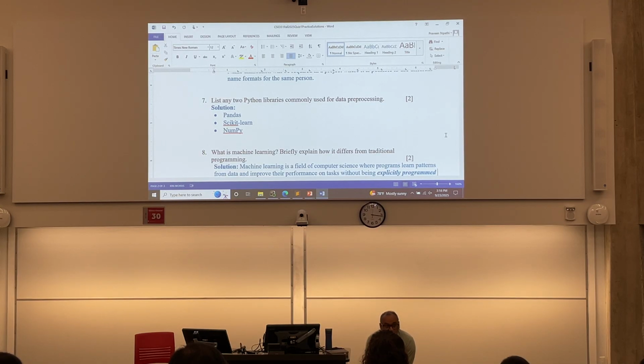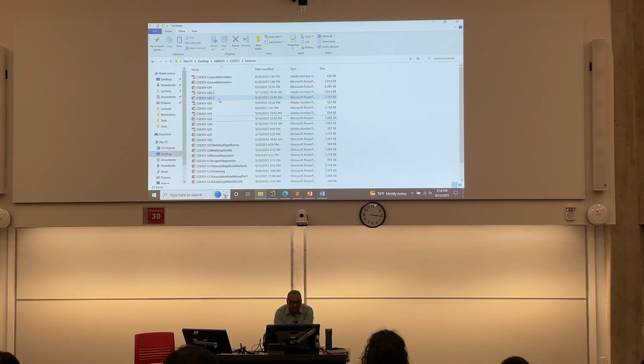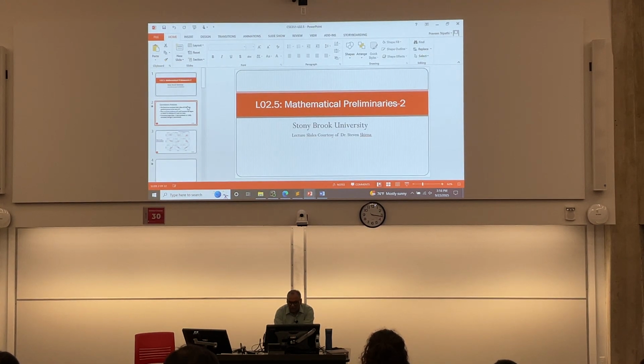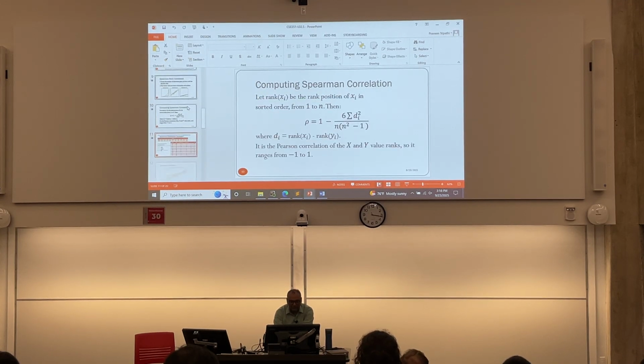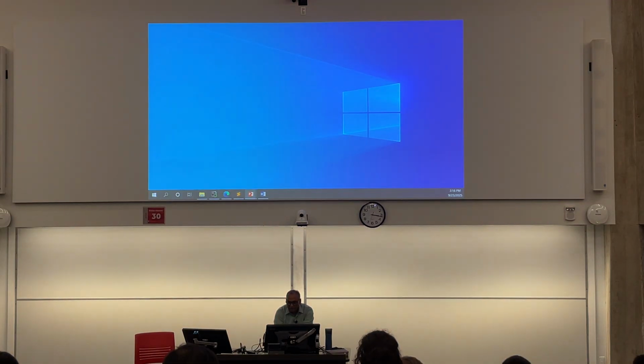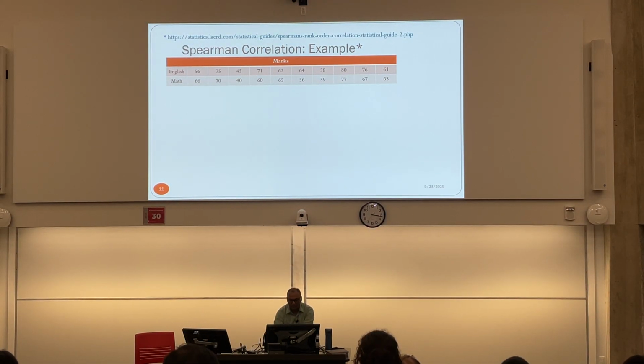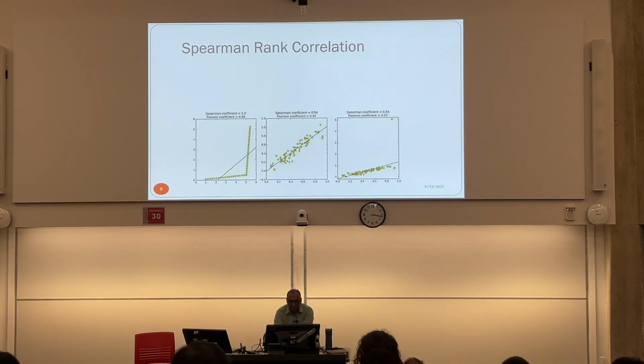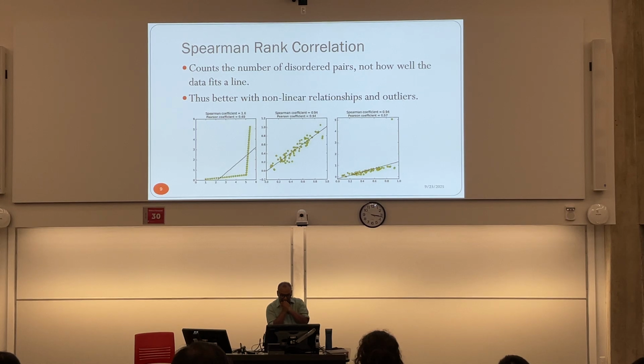Disordered pairs, right? I believe disordered pair is something we discussed when we were doing Spearman rank correlation. Let me go there. Disordered means, say, a student taking both data science and some AMS course.